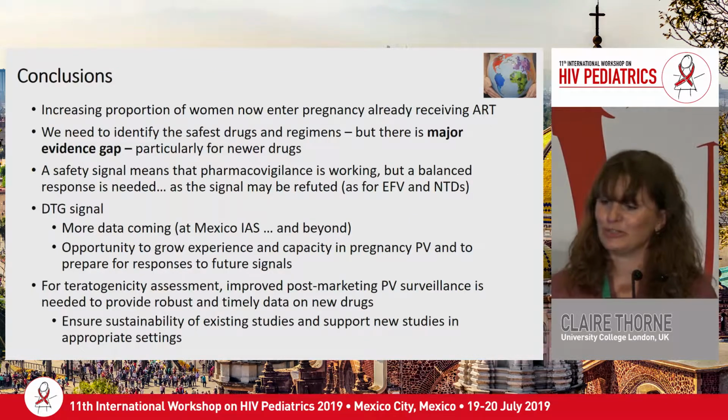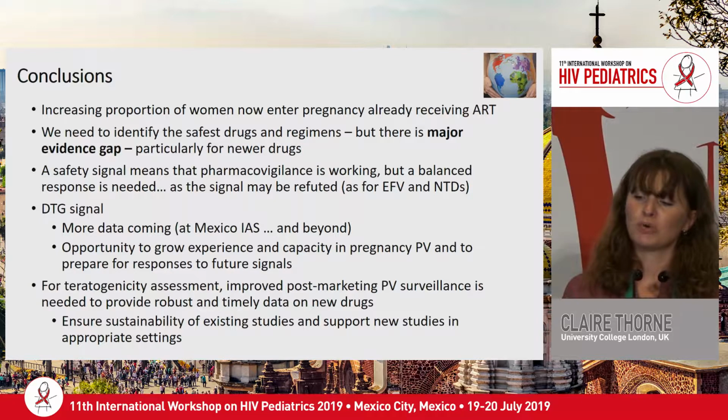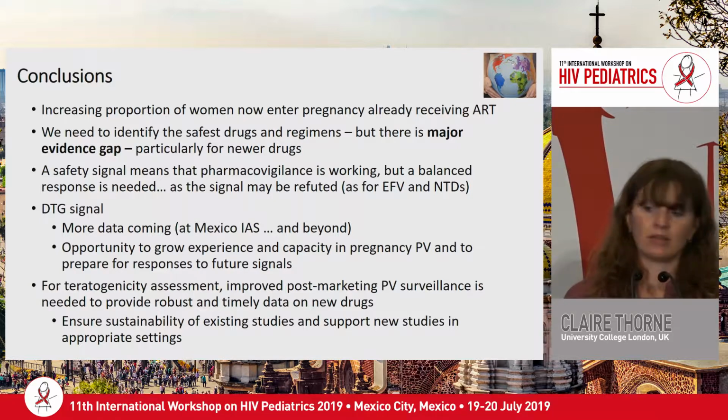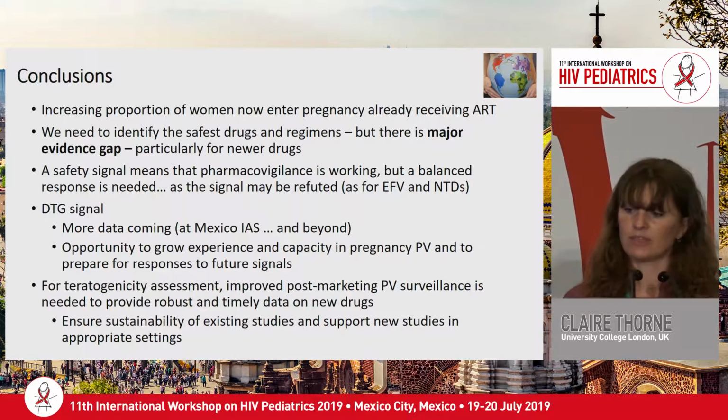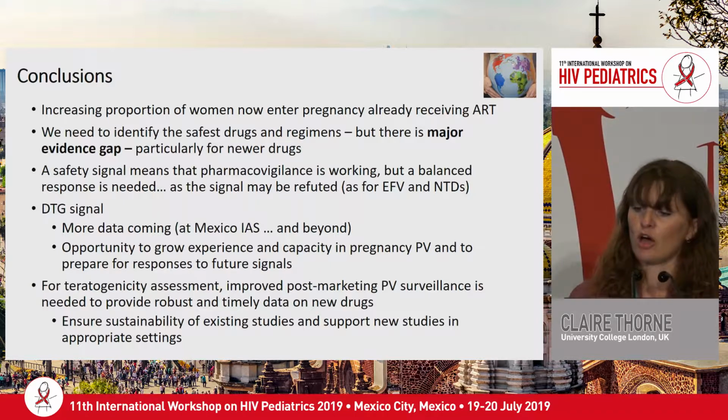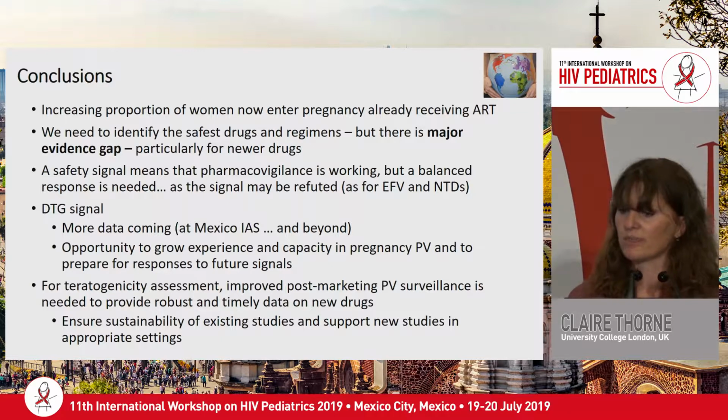So, in conclusion, increasing proportions of women are now entering pregnancy already receiving ARVs. We need to identify the safest drugs and regimens, but we have a major evidence gap, particularly for the newest drugs.